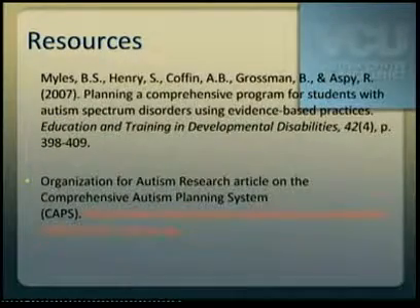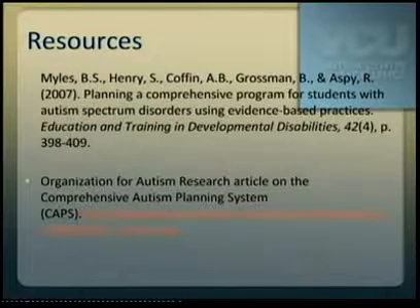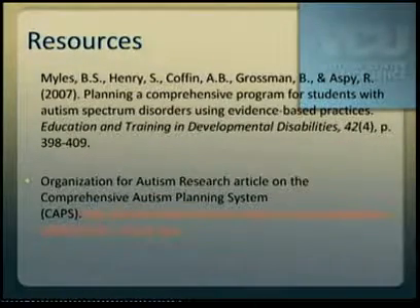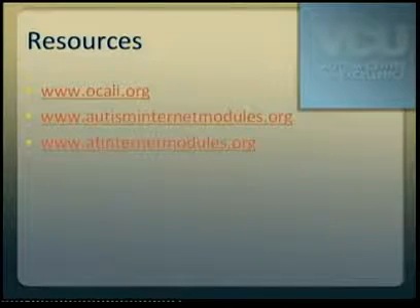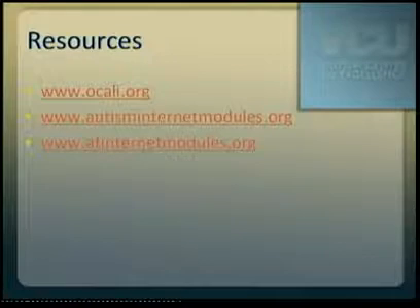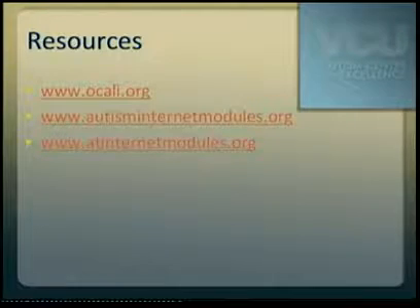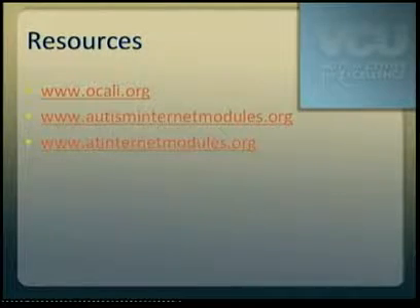A couple of the articles that are out there, if you need a refresher for how this works, and some online resources at ocali.org. We have these archived, the Autism Internet modules I talked about earlier, and the AT Internet modules, Assistive Technology Internet modules. We talked about possible assistive technology in the communication and social area, and so I wanted to leave you with that as well.